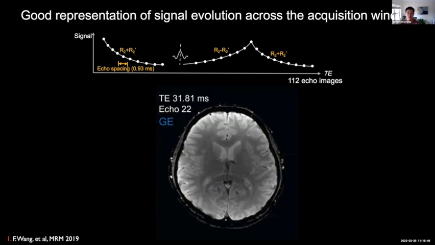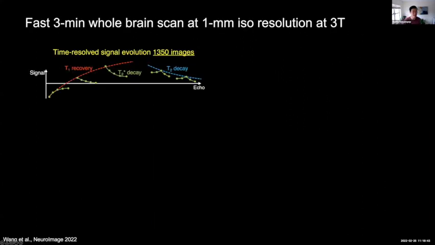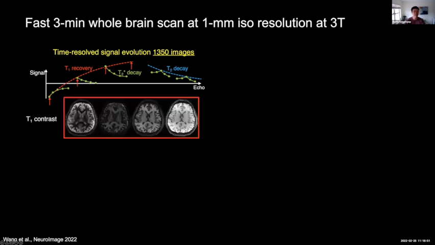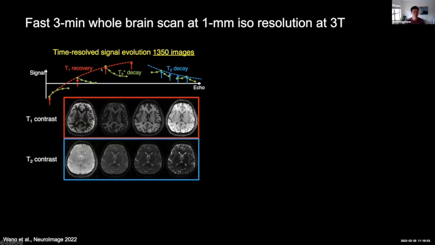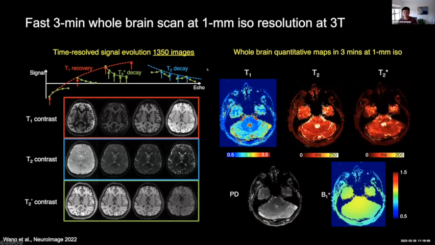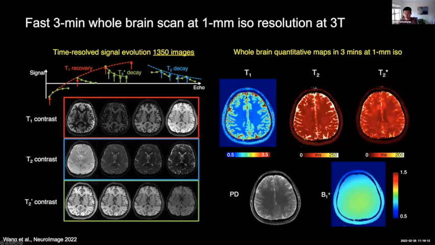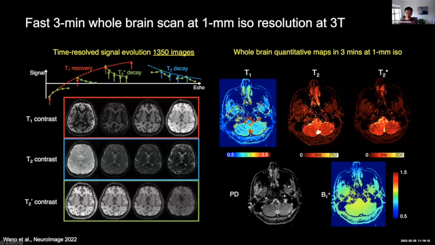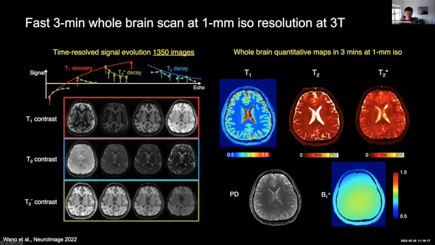Using this technique, we can combine this readout with a nice sequence that is sensitive to T1 recovery, T2 star decay, as well as T2 decay, and done in our volumetric continuous acquisition. In 3D, we can get a fast 3-minute whole brain scan at 1 millimeter isotropic at 3T, from which we can derive T1, T2, T2 star, proton density, as well as B1 plus, nicely as shown here.